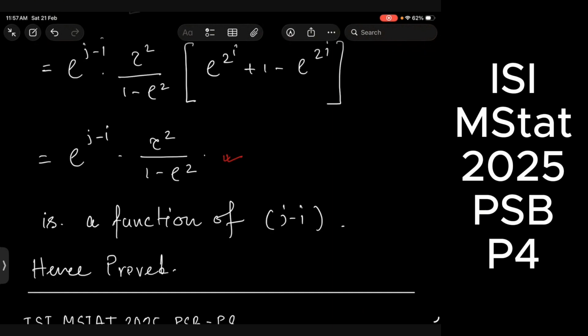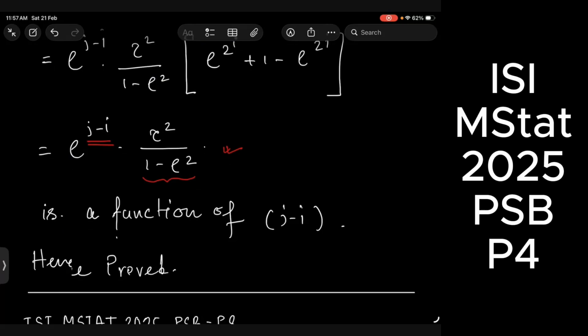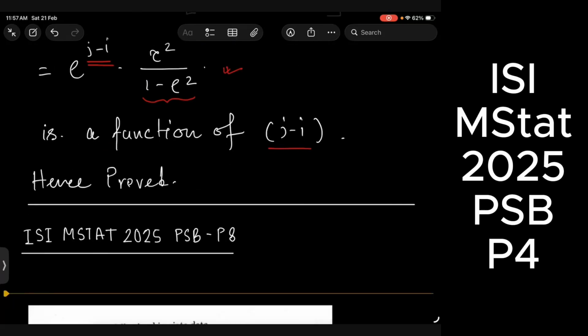So here, this is a constant term, a known term, right? And this expression only depends upon j minus i. So this is a function of j minus i and hence proved. Tell me, have you understood this or not?